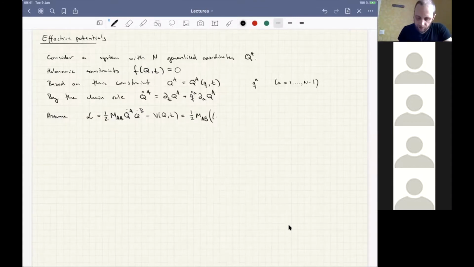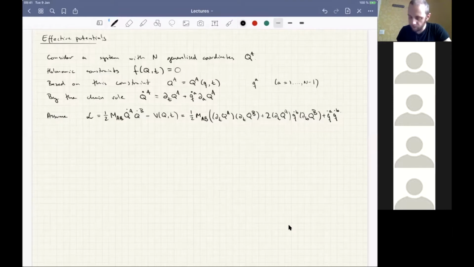And then we are going to have the partial time derivative of Q^A, the partial time derivative of Q^B, plus 2 (M here is assumed to be symmetric, so this is why I get this 2) times the partial time derivative of Q^A times q dot^b times the derivative of Q^B with respect to q^b, plus the final term q dot^a, q dot^b, and then we have these derivatives of Q^A and Q^B with respect to q^a and q^b, minus this potential, which is a function now of the small q's and t, because the capital Q's are functions of q and t themselves.